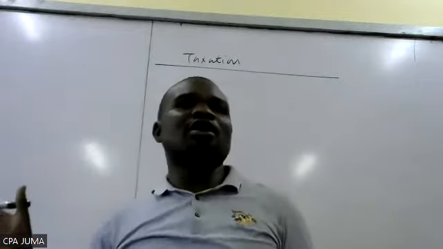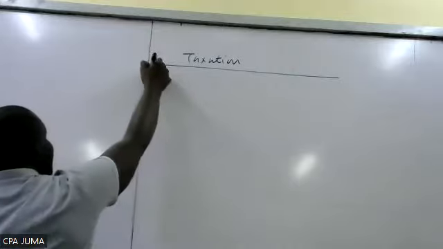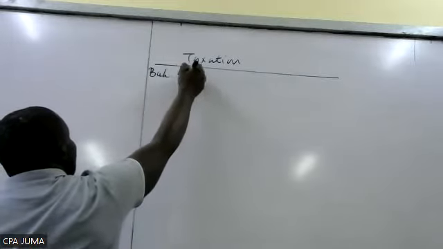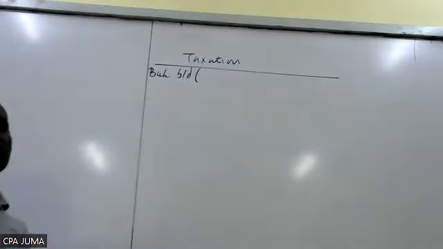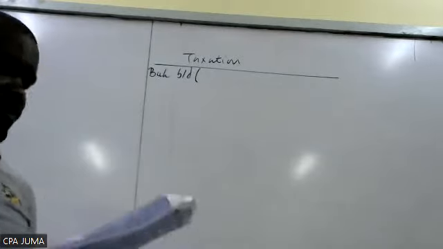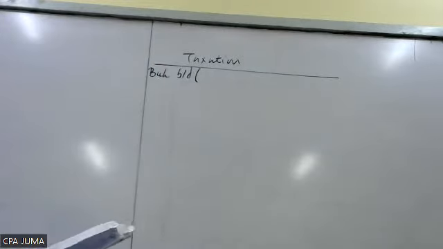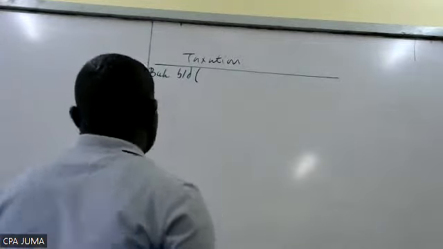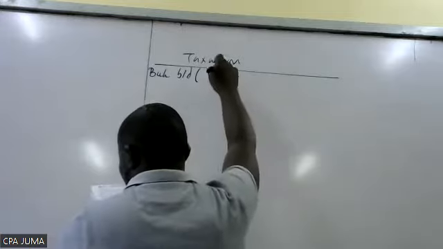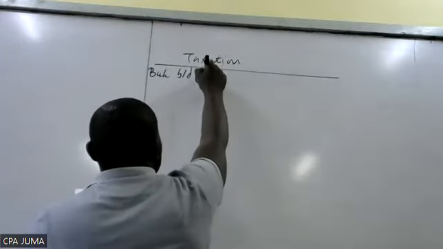So you say balance brought down. Deferred at the beginning, the beginning is 2020. How much? 1,000. Beginning deferred is 1,000.